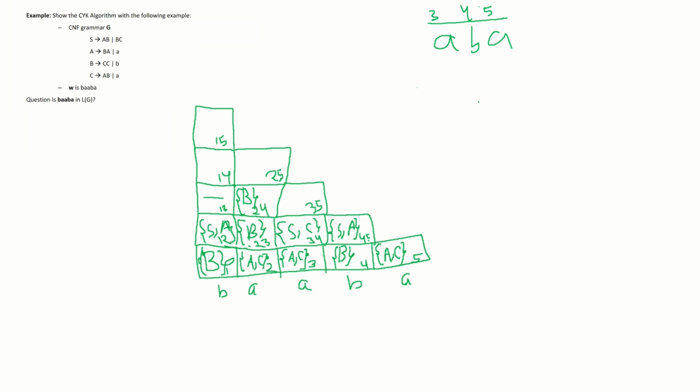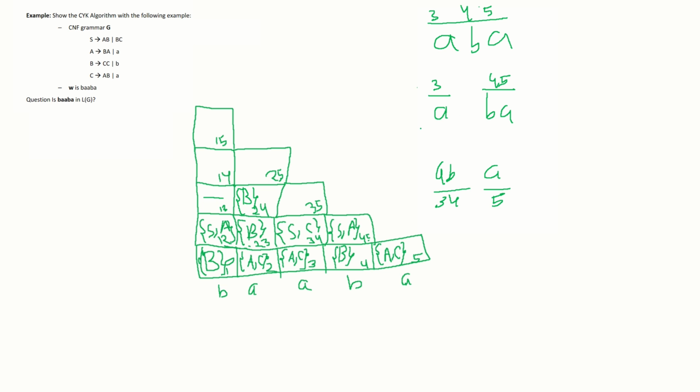Now break this into different substrings. We can get at first A and the BA. We can also get it from AB and A. This is from position 3 and this is from position 4 and 5. This is from position 3, 4 and this is from 5.